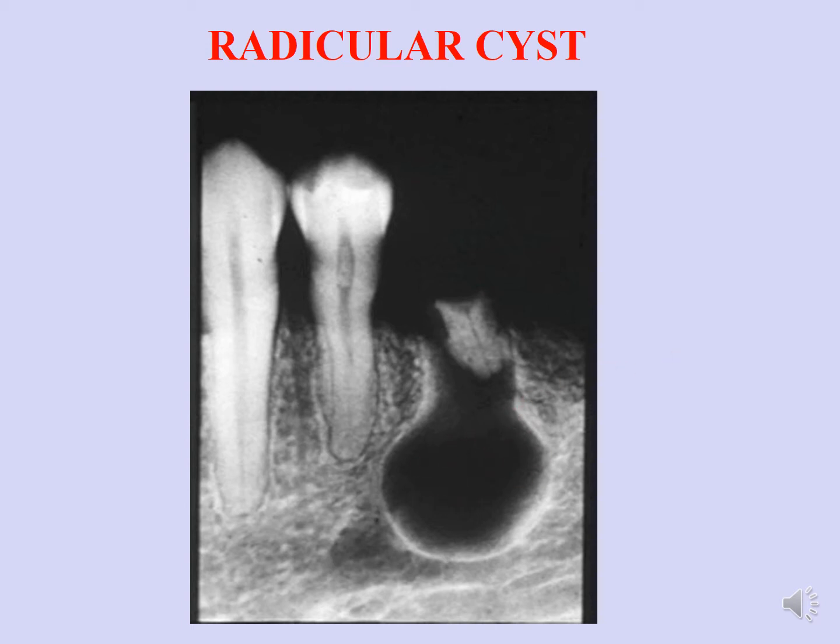Now, the pathogenesis of a radicular cyst involves basically the inflammatory trigger that leads to the proliferation of cell rests of Malassez.